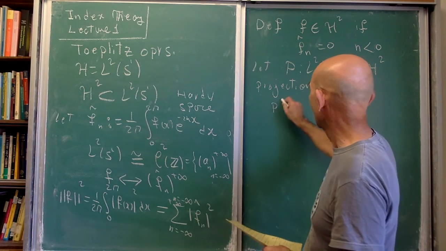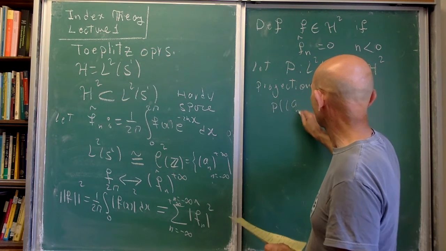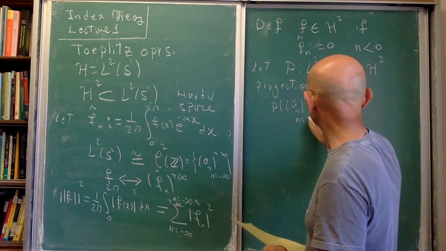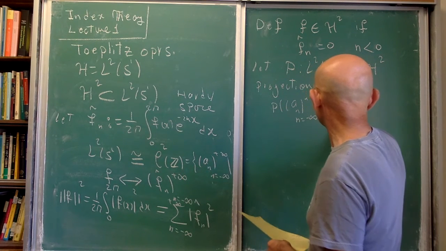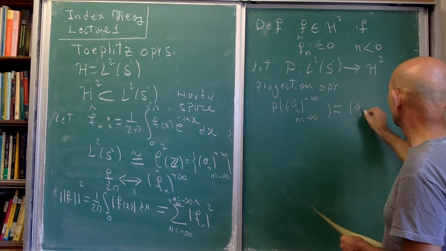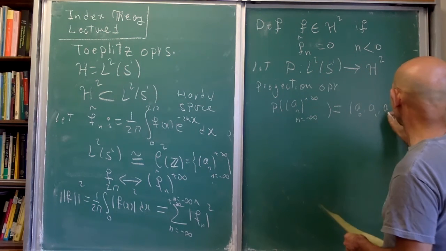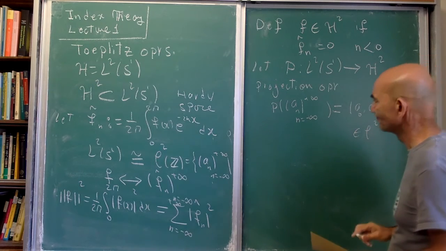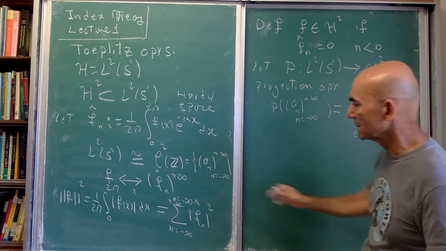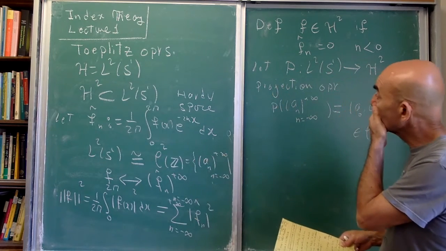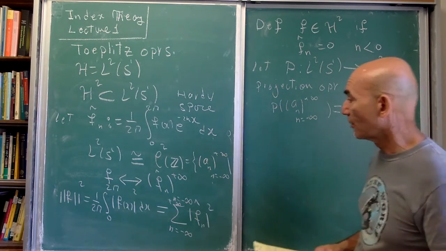So P of a_n in this picture is just a0, a1, a2, which belongs to L2, which is H2, of course. So that's the projection operator.